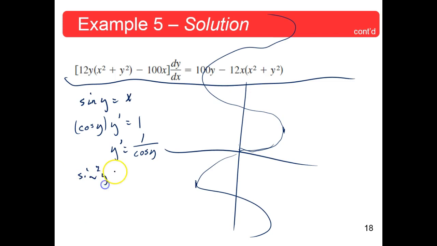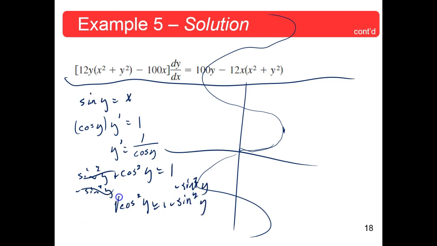Sine squared y plus cosine squared y is equal to 1. We know that. No matter what the x, y, or anything else is, that's always true. Solve this for cosine: subtract sine squared y from both sides. Okay? You get cosine squared y is equal to 1 minus sine squared y.